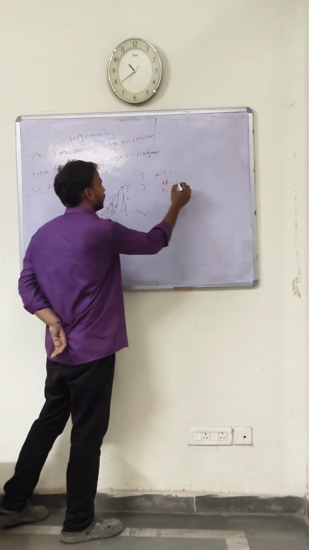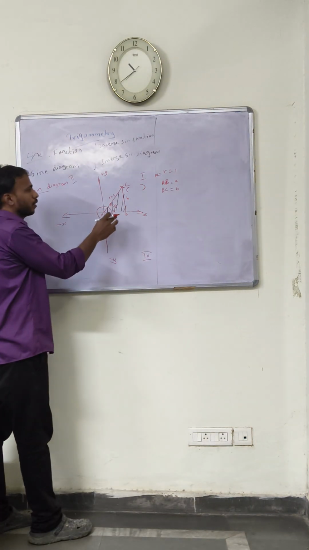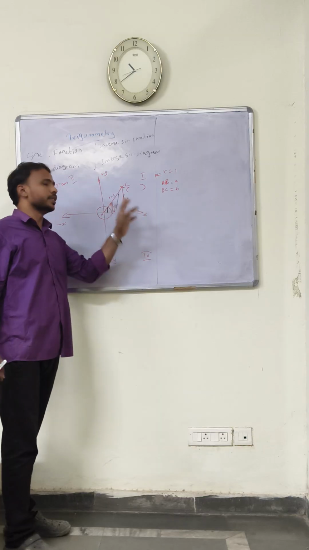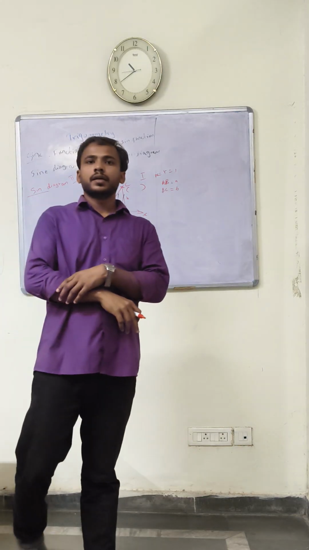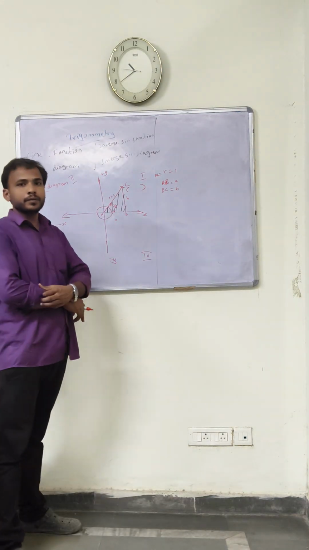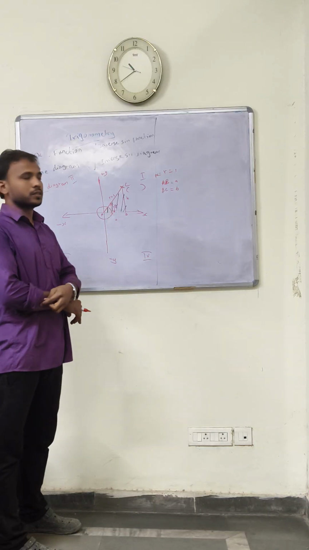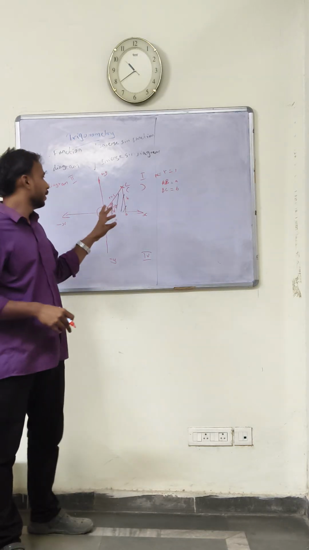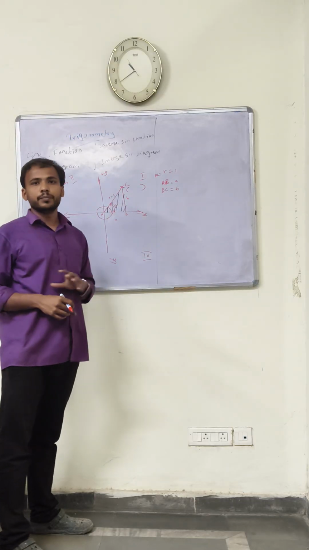So now I want to calculate the AB and BC. How to calculate? Directly can we write AB and BC? No, not possible. With the aid of trigonometry functions only we can calculate the AB value and then the BC value.